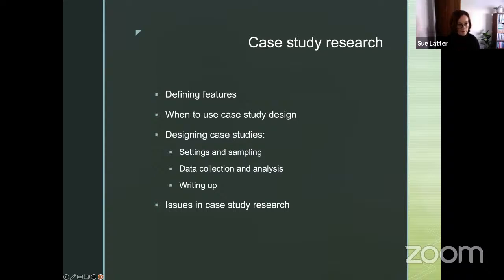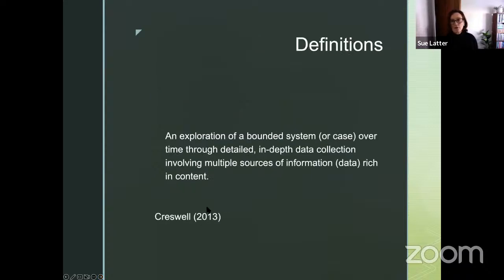So, thinking about defining case studies first of all, I think this starts to give us a feel for how they sit in relation to other designs that you might choose to investigate your research questions. John Creswell describes case study as an exploration of a bounded system, and we're going to come back to boundaries of a case. It's something that definitely takes place.